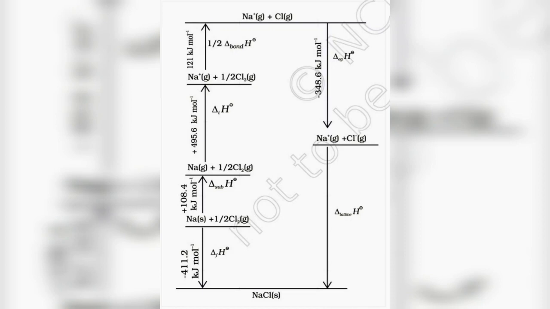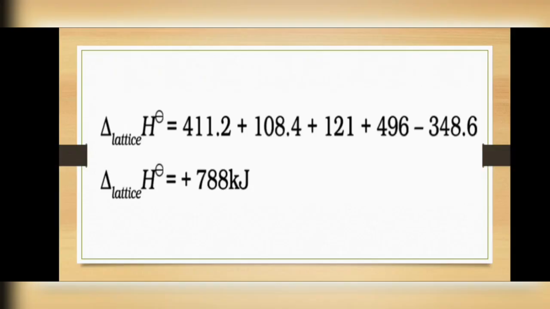Okay, now there is an equation to calculate. The enthalpy of formation is equal to enthalpy of sublimation, plus enthalpy of ionization, plus bond dissociation enthalpy, plus electron gain enthalpy, minus lattice enthalpy. From that you take only delta lattice enthalpy, and you will get values like this.